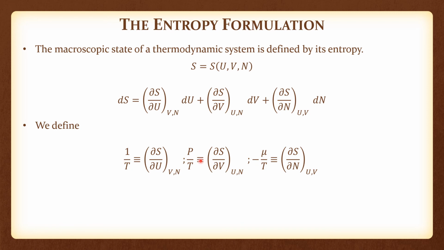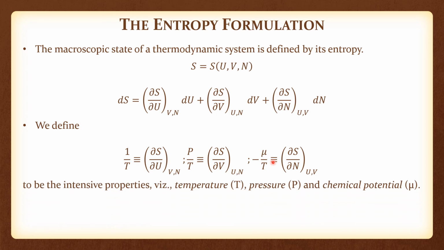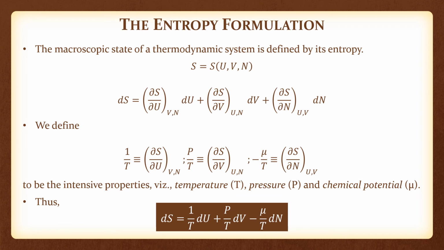We assign these definitions for these partial derivatives, and these are the intensive properties: temperature, pressure, and chemical potential. Notice that S is an extensive quantity, U is an extensive quantity, and therefore T becomes an intensive quantity, and so on. Thus we can write dS as dU over T plus P dV over T minus mu dN over T. This is the entropy formulation.